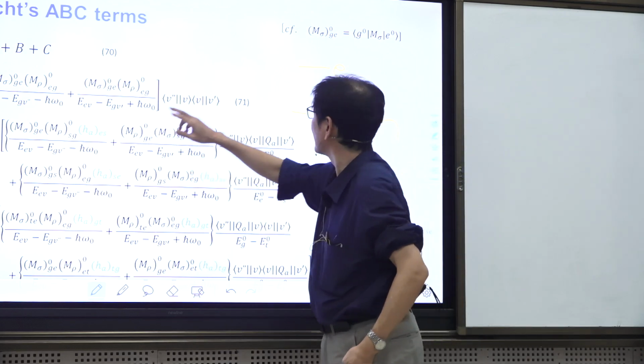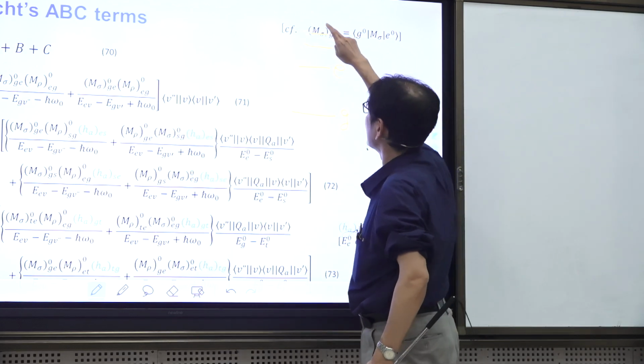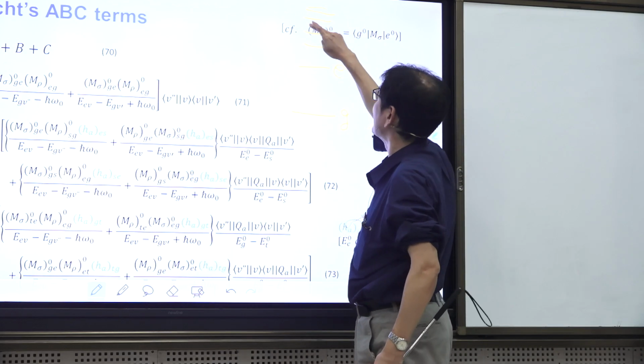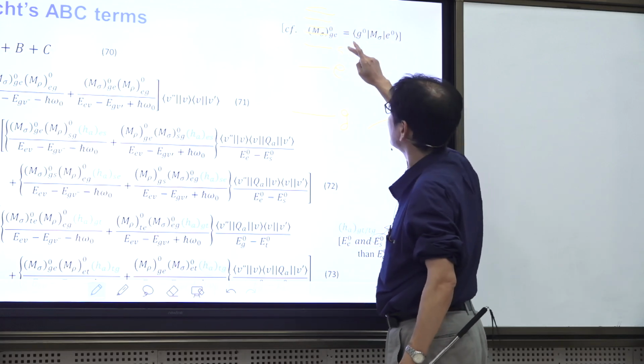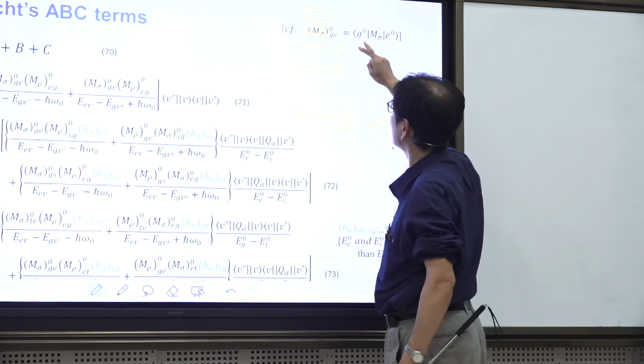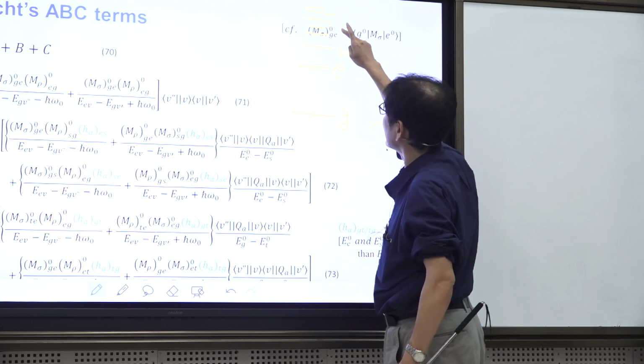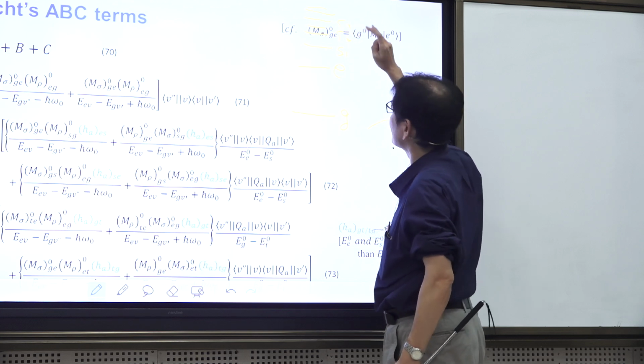So for the upper states, there are many upper states: S1, S2, S3.